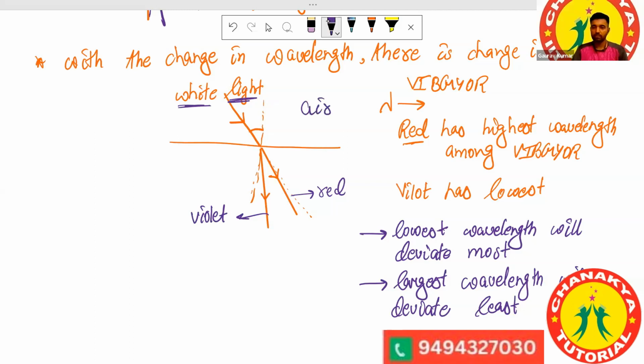So this is air, and this white light is coming from air and entering a water droplet, which contains water. The white light is getting split into seven colors.